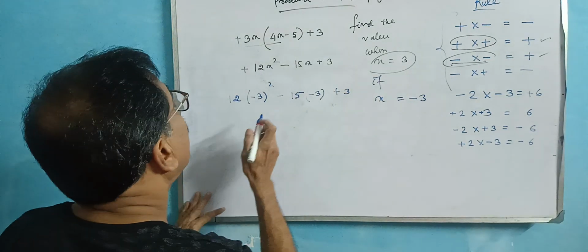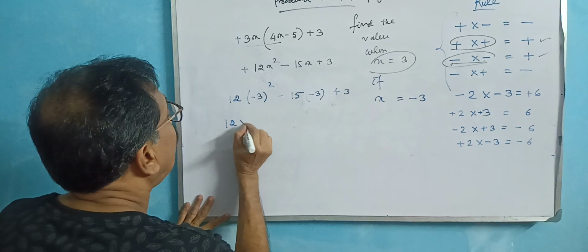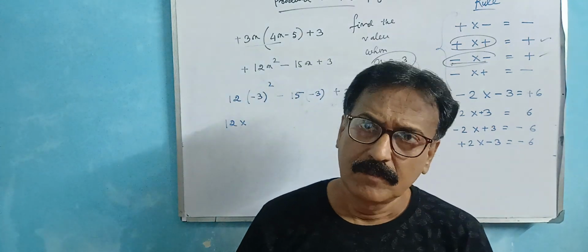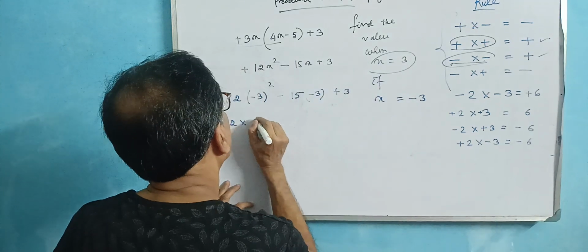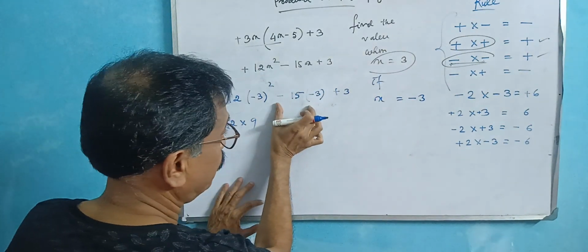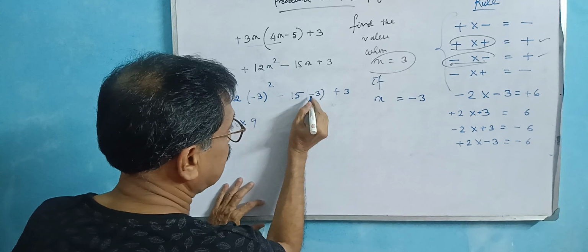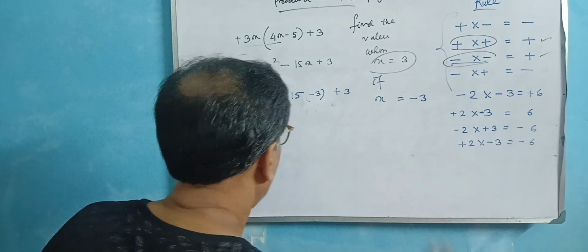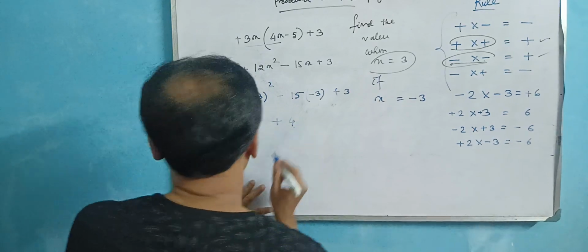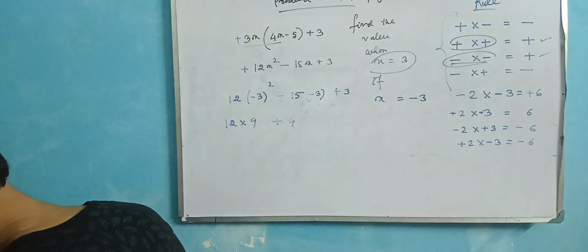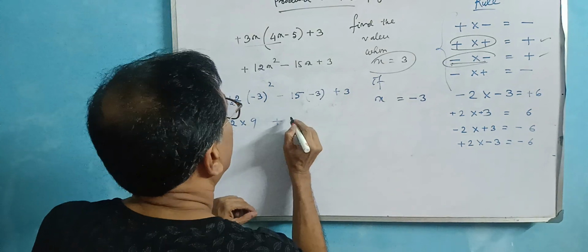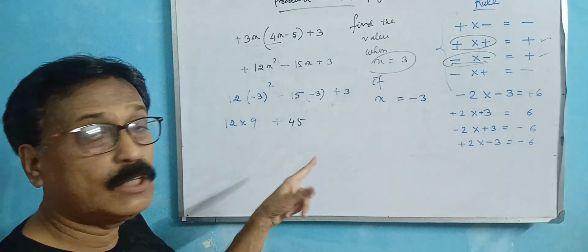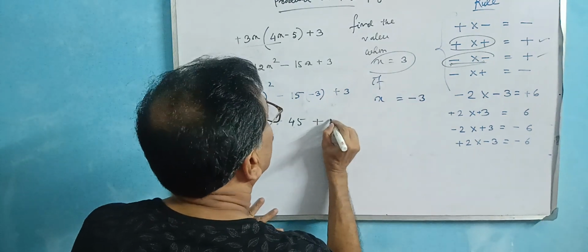So here is 12 first. Minus 3 into minus 3 is actually plus 9. Minus into minus is plus 9. But here is the problem. Now the change, this is minus, so ultimately plus. So 3 into 15 is 45. In the previous sum, this was negative, but here it is 45, minus into minus is plus. It is in these places that mistakes happen. And this is plus 3.